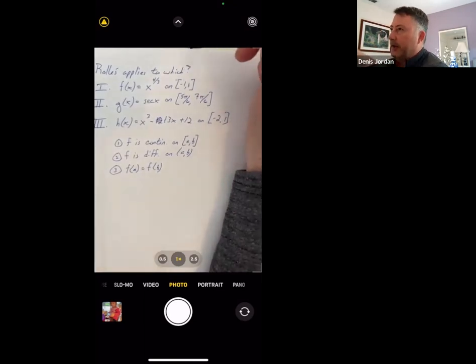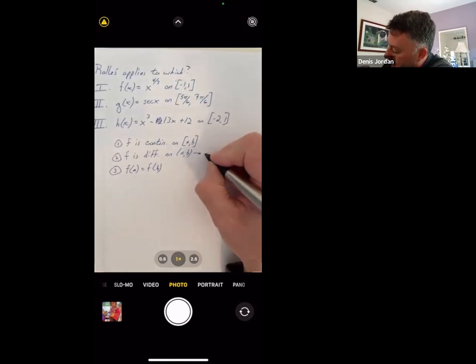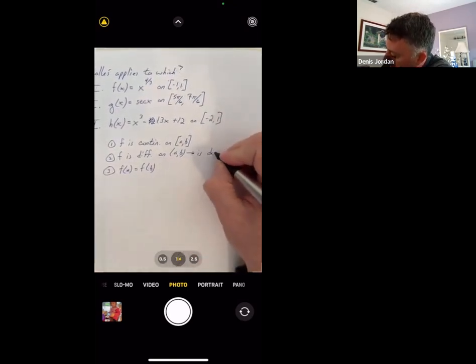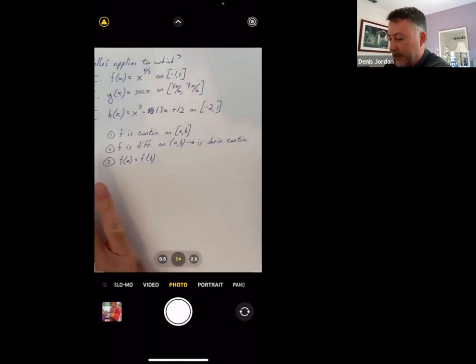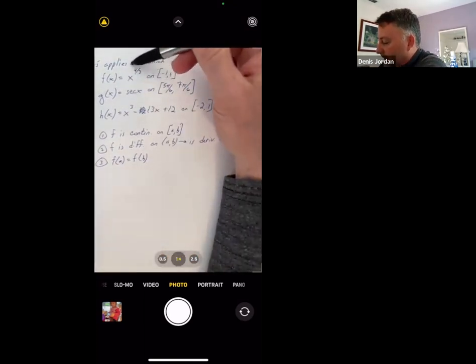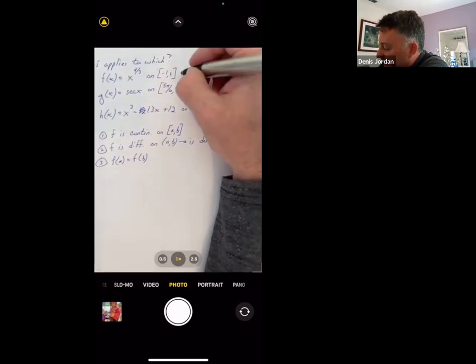Another way to ask that is, is the derivative continuous? If you're not sure, get the derivative.